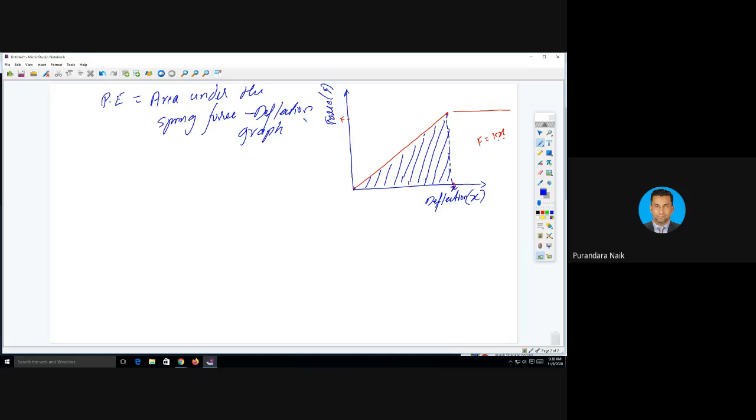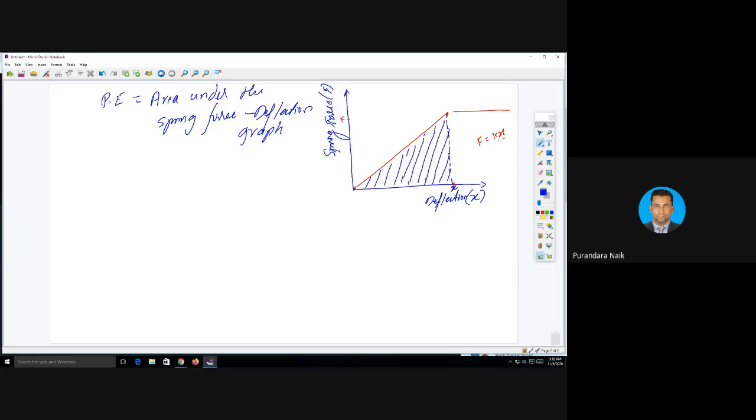So how do you find out the potential energy? It can be found by taking the area under the curve of spring force into deflection.